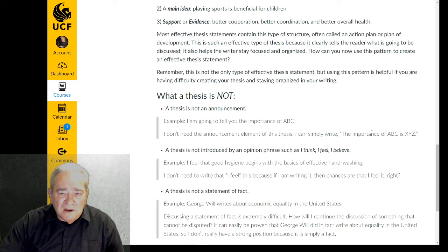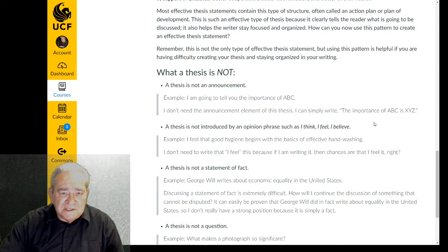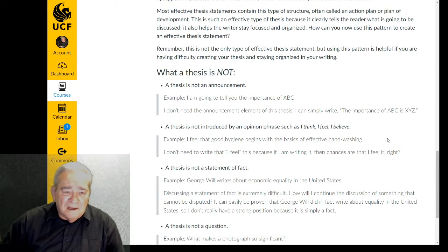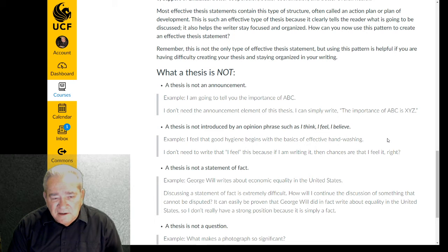Now, as we go down a little bit farther, you'll notice what a thesis is not. I have seen in a few papers the statement made, I'm going to tell you why, or I'm going to tell you about, I'm going to write on. Those are not thesis statements.